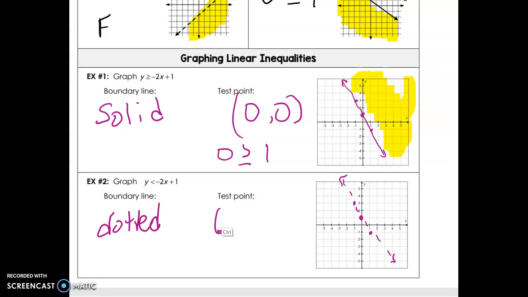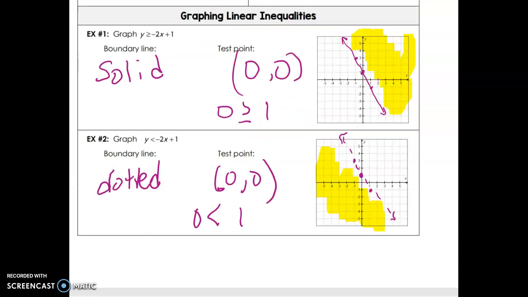And our test point, again, we're going to do 0, 0. Okay, is 0 less than 1? And hopefully you're saying yes. So you get to shade that in. See, easy peasy, right? Hopefully you're saying yes.